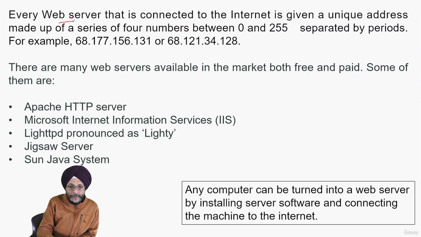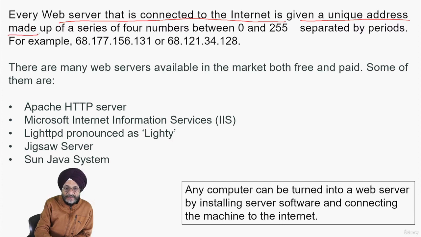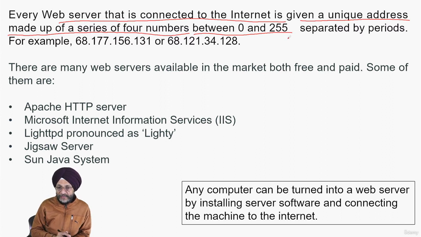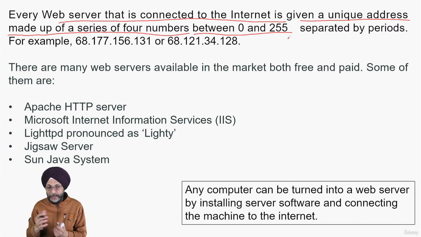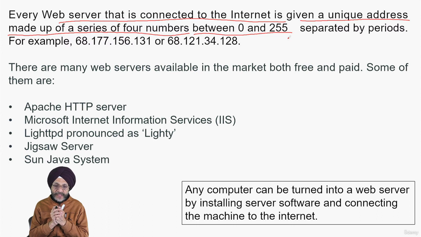Every web server that is connected to the internet is given a unique address which is made up of a series of 4 numbers between 0 and 255. There may be a question in the exam that the web server which is connected to the internet is given a unique address. It is made up of how many numbers?